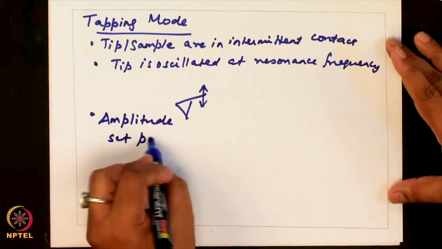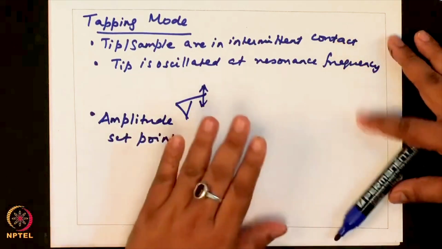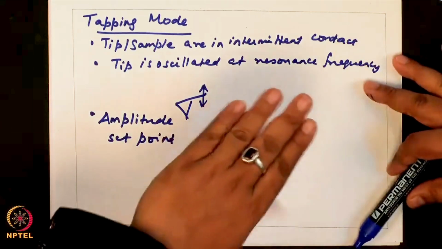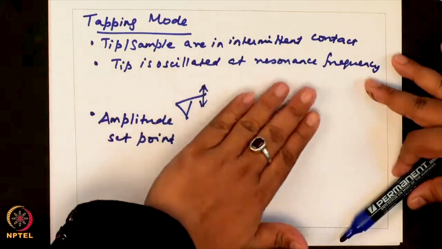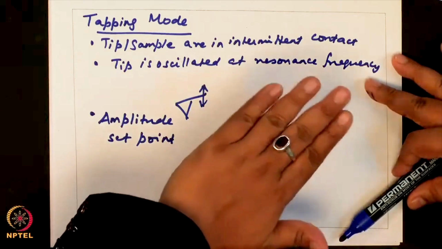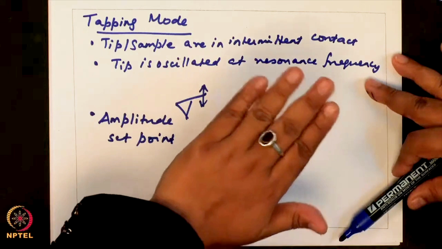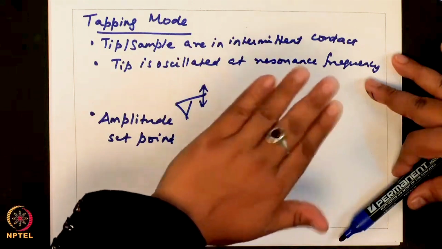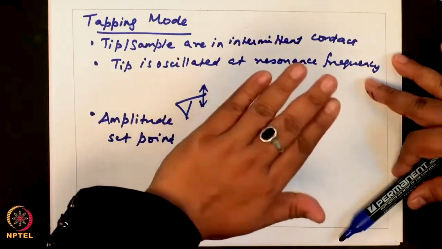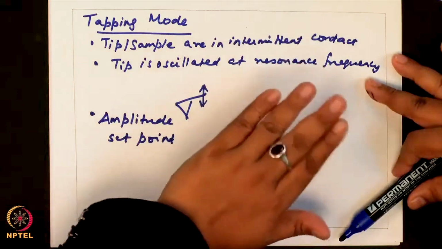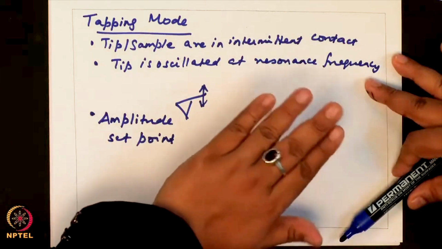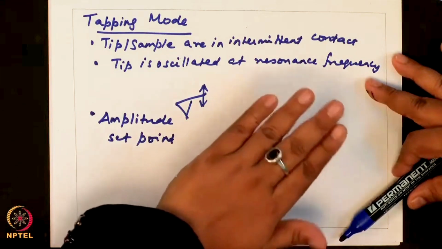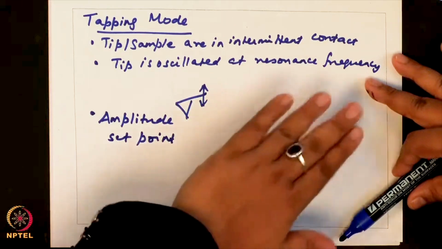Okay. So, let me explain what an amplitude set point is. Imagine my hand is the tip and it is coming down and touching the surface. Okay. So, if it is vibrating at a given frequency, this frequency remains unchanged if the tip is far from the surface, but if you are going close to the surface and you are doing this tap, the amplitude will get perturbed. Okay. Your amplitude will drop.